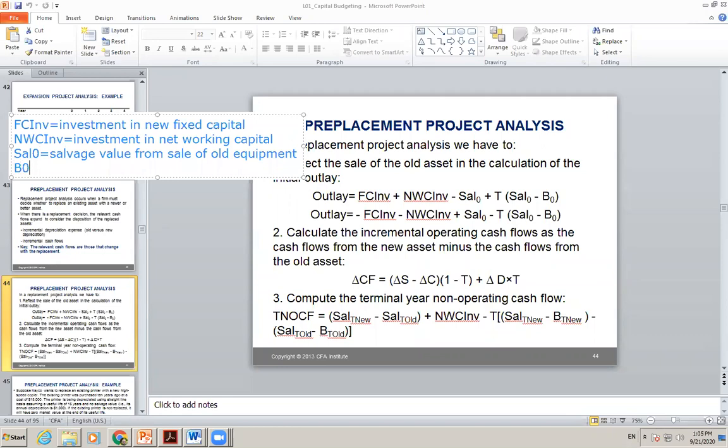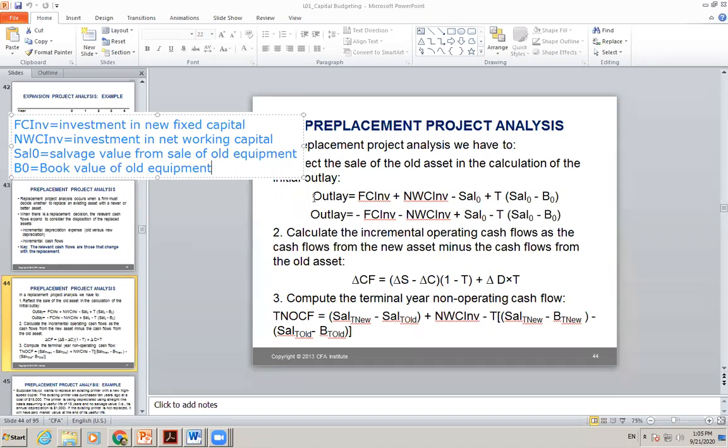And we have B0, which is the book value of the old equipment. Okay, so this is the definition.